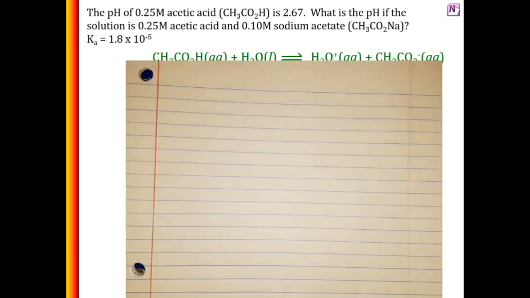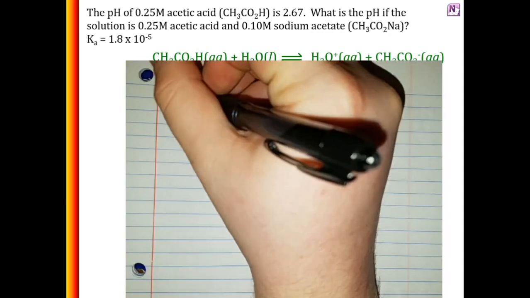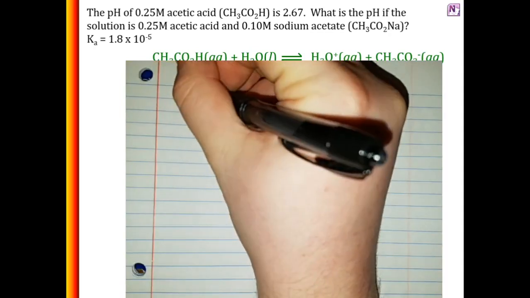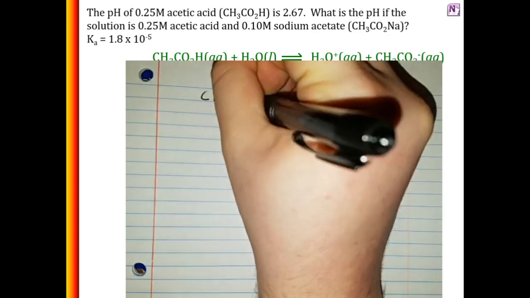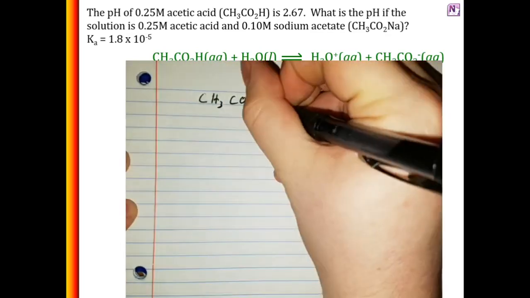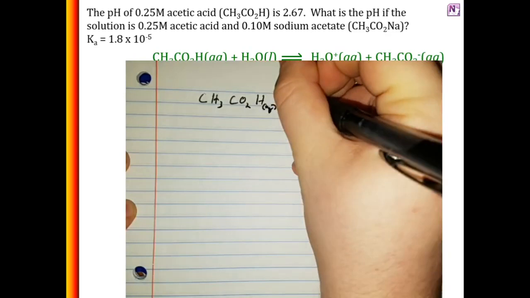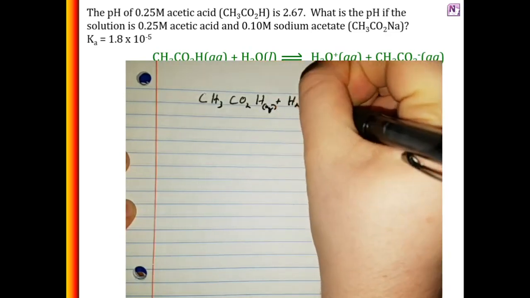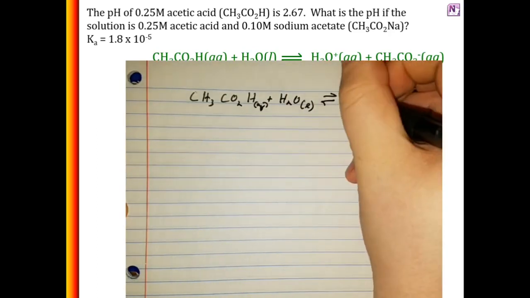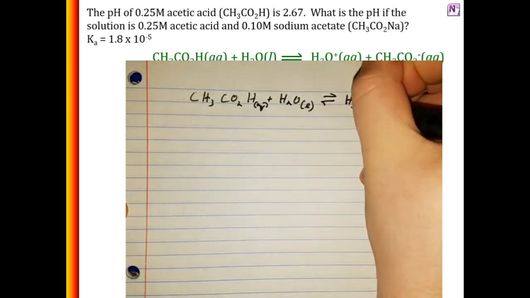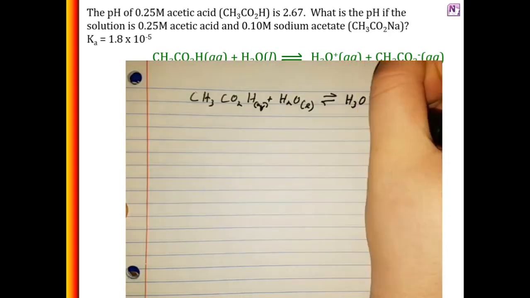Okay, so I'll bring the paper back up and we can go over this one. Let's rewrite our reaction equation. We have acetic acid reacting with water, which is in equilibrium with H3O plus and of course the acetate ion.